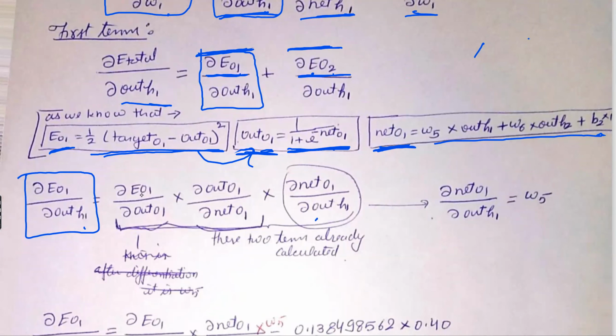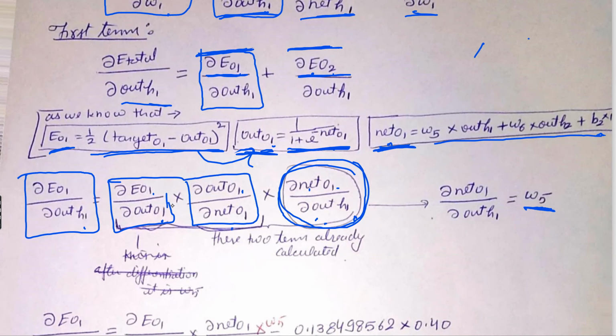We will partially differentiate error of O1 with respect to output of O1, output of O1 with respect to net O1, and net O1 with respect to H1. In this way we will go to H1. The partial of net O1 with respect to H1, after differentiating, will be equal to W5, and these two values we have already calculated.